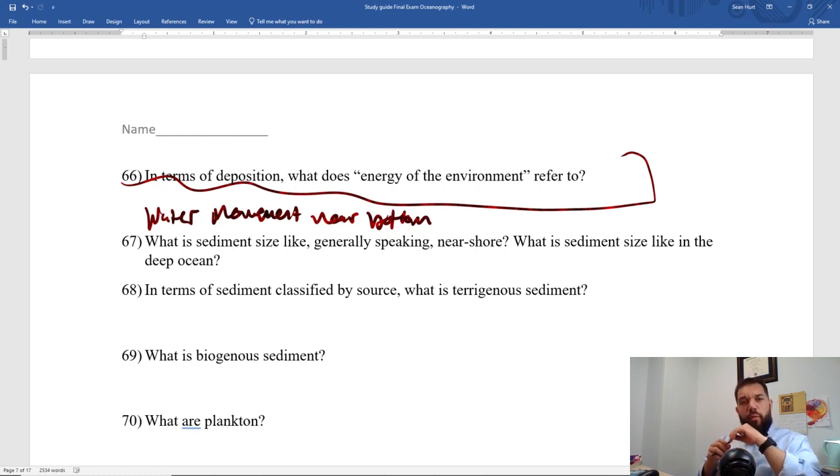Now where the water is shallow near the coastlines and you have the waves perturbing the ocean floor, there's going to be a lot of water movement. And so when the water's shallow, you end up with very high water movement, very high energy. When you have very deep water, there's not very much water movement in the deep ocean floor, okay?